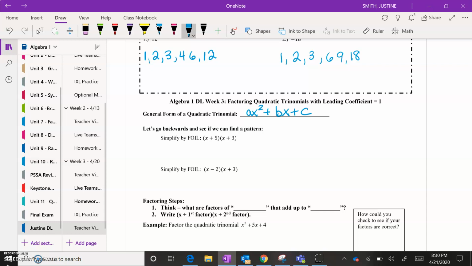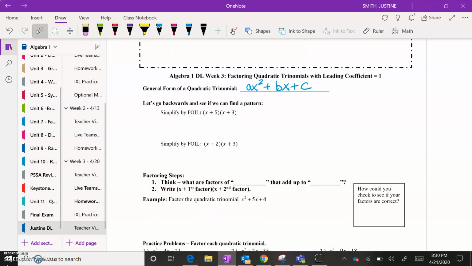To think about how we would factor this, we're going to first go backwards from foiling. If we look at this first problem and FOIL it, we would do x squared, then plus the outer terms, plus the inner terms, plus the last term.